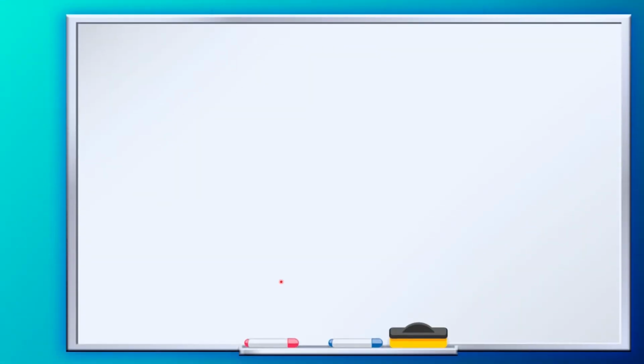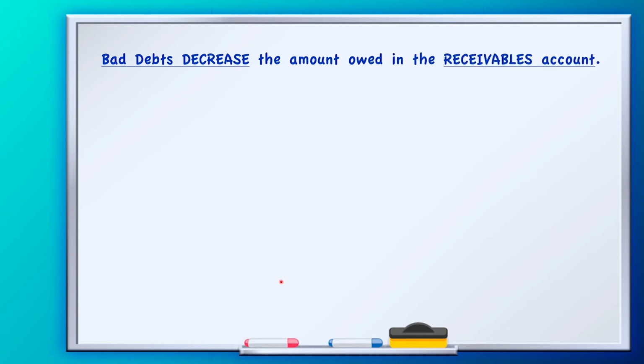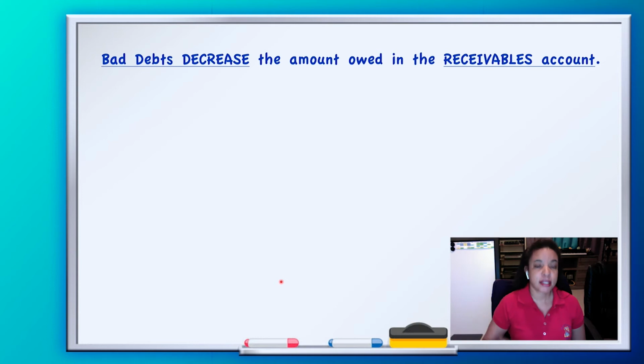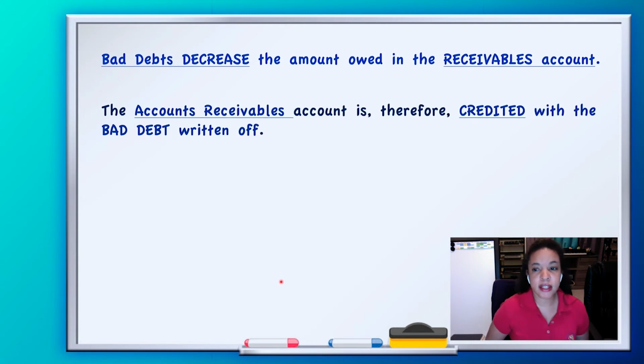We are continuing. Bad debts, so this is the next point. First point, bad debts are expenses. Second point, bad debts decrease the amount owed in the receivables account. The receivables account is therefore credited with the bad debt written off.